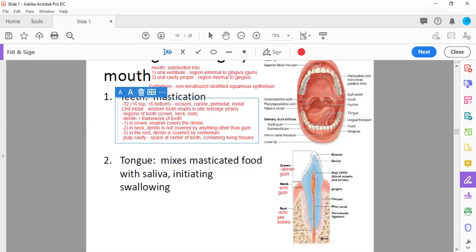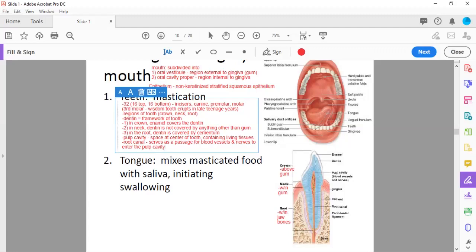Before I move on, there's also what's called a root canal, which serves as a passage for blood vessels and nerves to enter the pulp cavity. So here's what happens when there's a root canal procedure done.